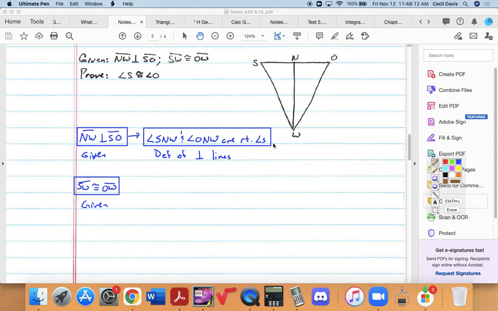Then from there, if you want to say the angles are congruent, you can. Angle SNW is congruent to angle ONW. Can someone tell me what the reason for that statement is? All right angles are congruent. Perfect.